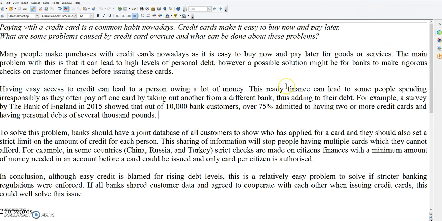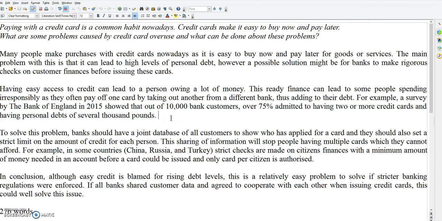Well, because people spend a lot of money because they take out one card to pay off the previous card. Then they take out another card to pay off that card. For example, a survey by the Bank of England showed that out of 10,000 people, over 75% admitted to having 2 or more cards and personal debts of several £1,000s.